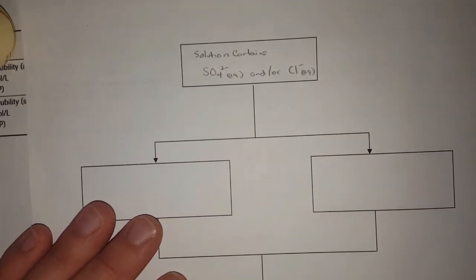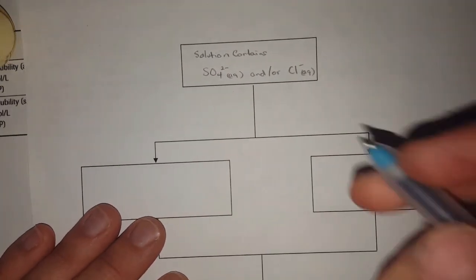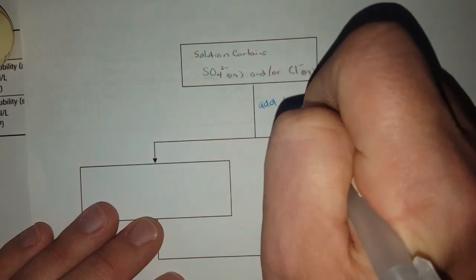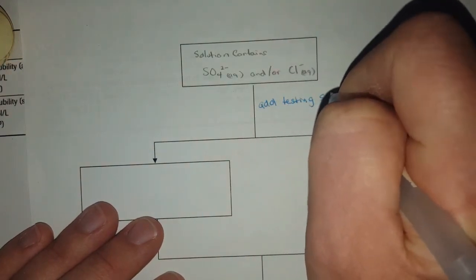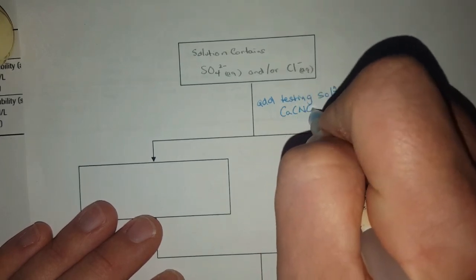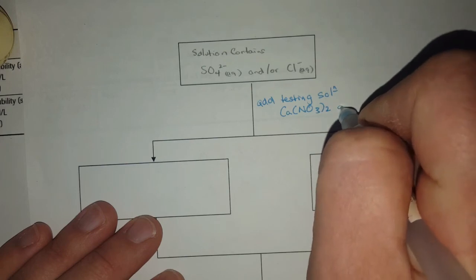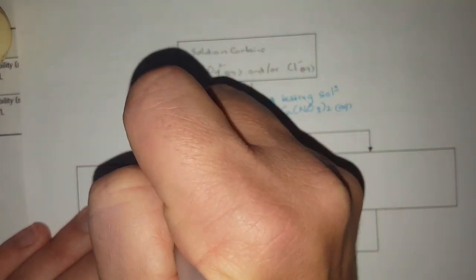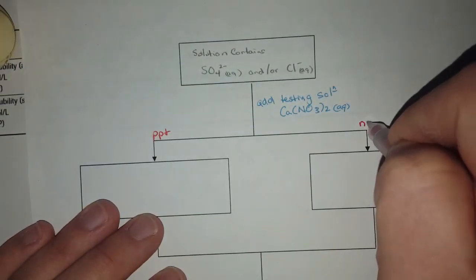So therefore, I'll come over here and I'll add my testing solution. And it's going to be a calcium nitrate solution. And when we do this, we have our two possibilities. We have a precipitate, or we have no precipitate.